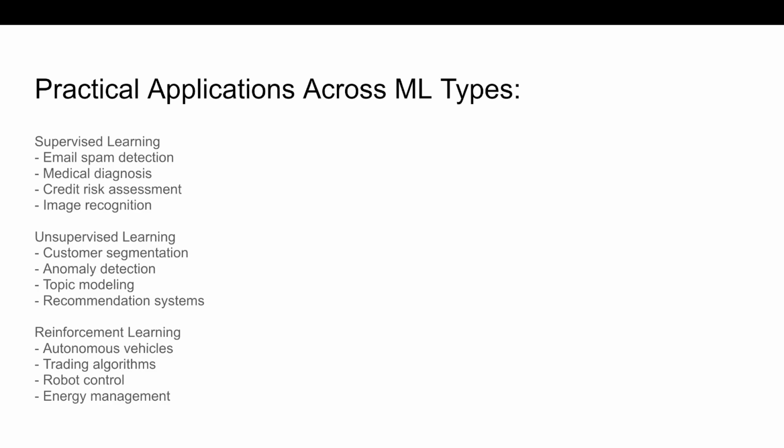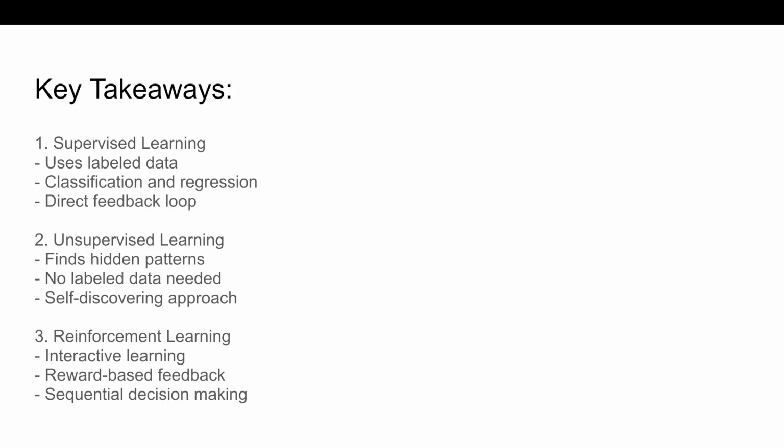Optimize energy consumption in smart buildings by learning to control heating, cooling, and lighting based on occupancy and weather patterns. Robotics control. Train robots to perform complex tasks like grasping objects, navigating rough terrain, or assembling products through trial and error.